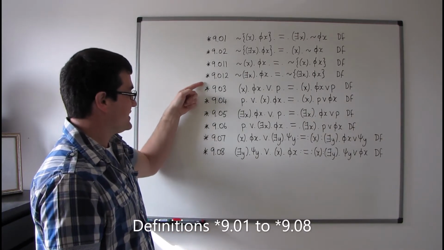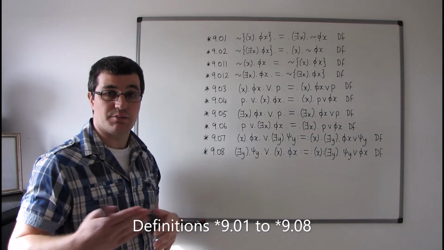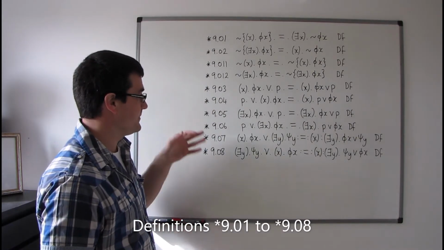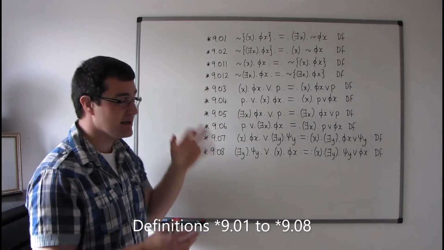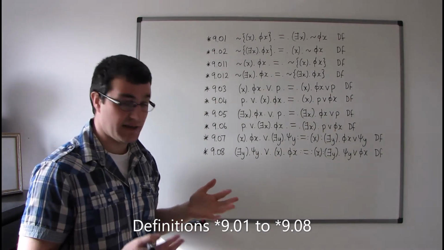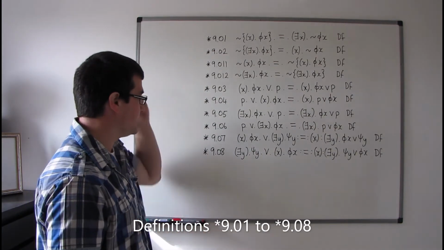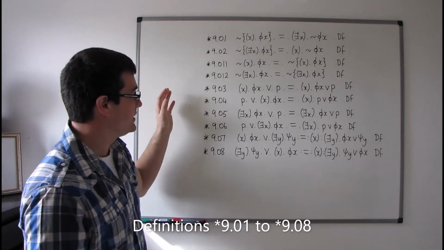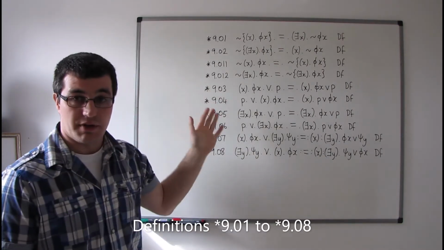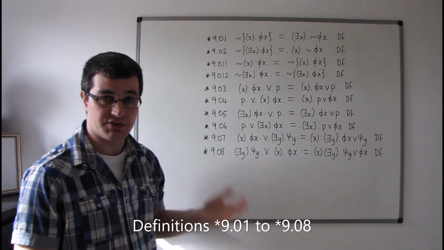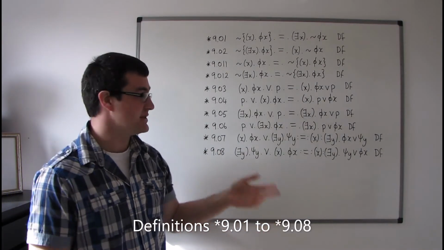And then we move on to the definition of disjunction as applied to first order propositions. Now here it might seem that we're being a little bit too picky about things, but we're really not, because we can't assume any properties of disjunction as applied to first order propositions.